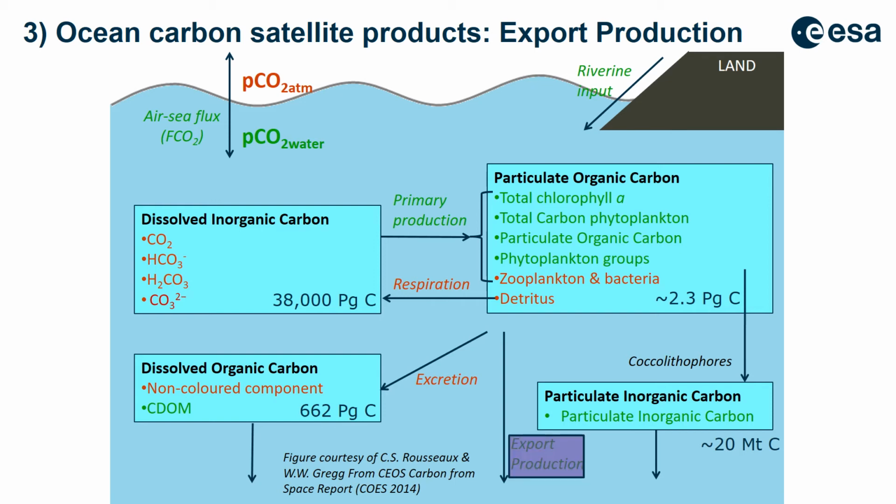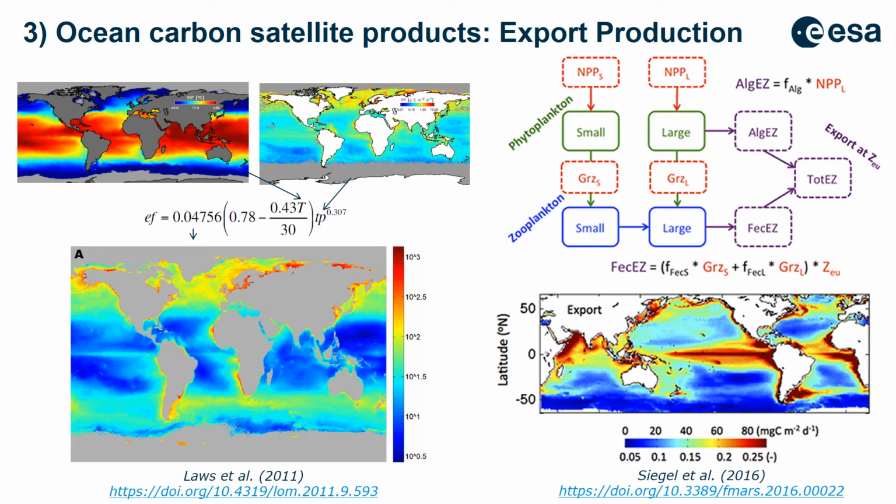We can also try to derive maps of export production. And various techniques are being developed to do this at present. The technique on the left here is an empirical algorithm that's been developed by Laws et al. in 2011, and there are other algorithms that have looked into this.